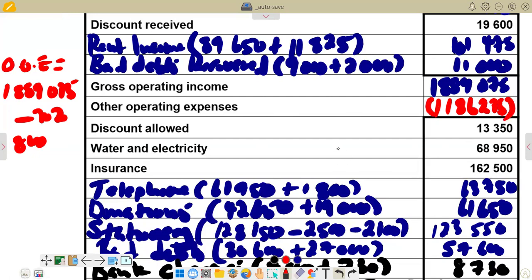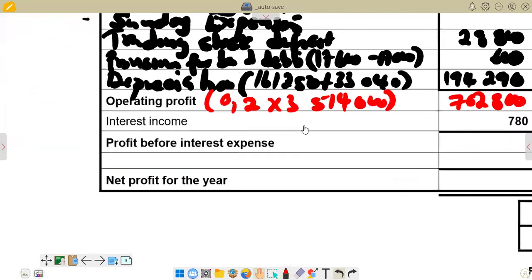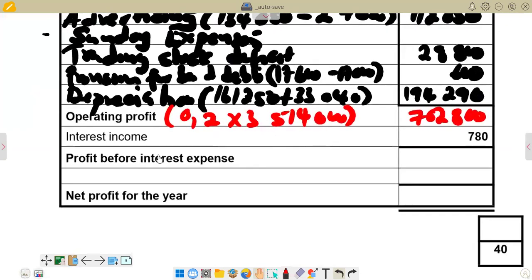So this is what we have. We now have our figures up to our operating profit, so we can go down to see the figure for profit before interest expense. Remember, the interest income is already pre-entered, so we are just going to say 702,800 plus 780 to get the figure for profit before interest expense.